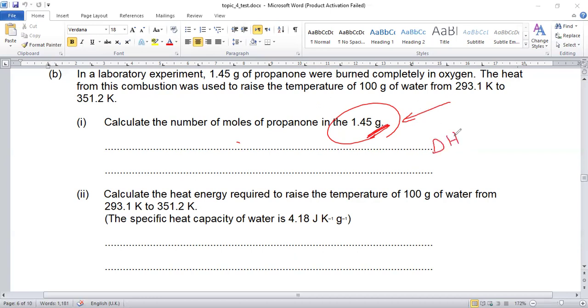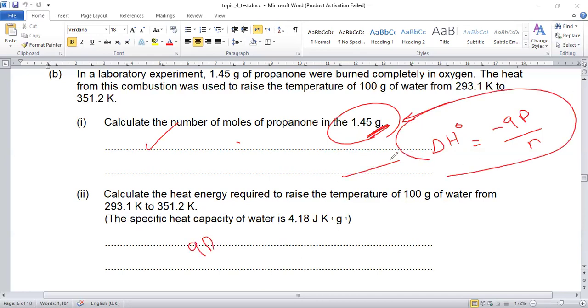So always delta H standard equals minus Q divided by n. It's a sequence of questions. All with this question will follow the same sequence. You calculate the number of moles, you calculate Q, and then you use them in this relation.